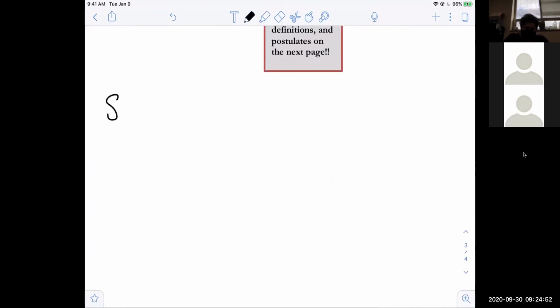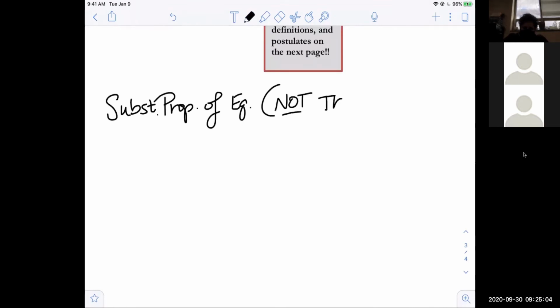Here is an example of substitution only. That's not transitive. Substitution property that is not transitive.